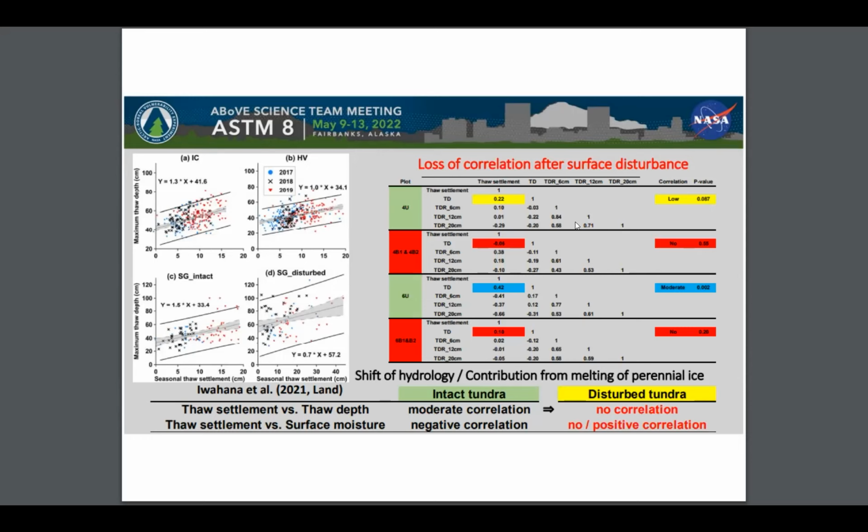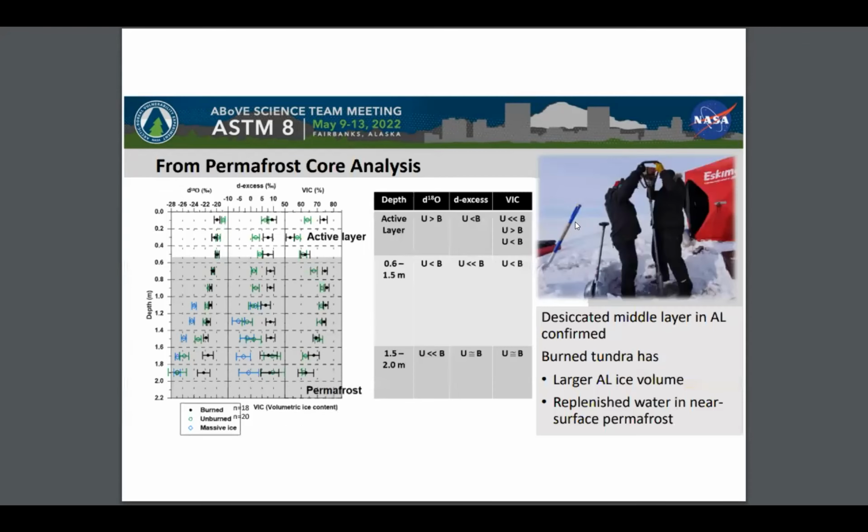And surface disturbance will mess up this kind of relationship because seasonal soil settlement mainly depends on the spatial distribution of ice lenses. We also collected many frozen ground samples at the Anactic River fire scar to see what happened before and after the tundra fire.